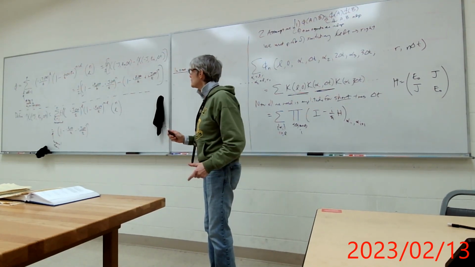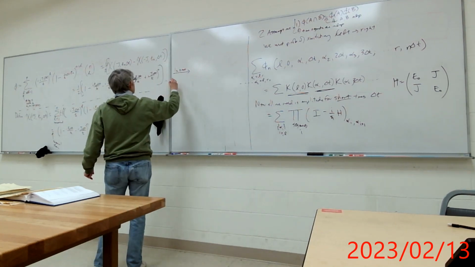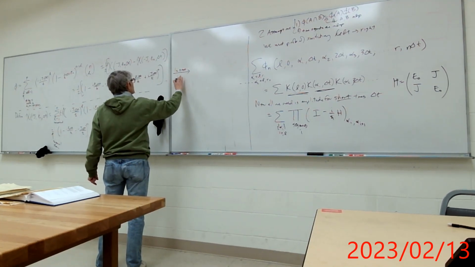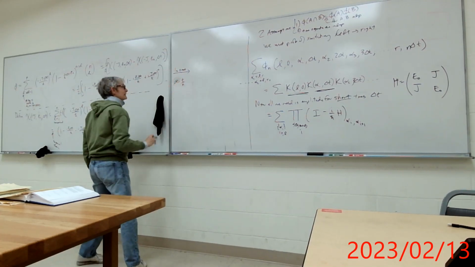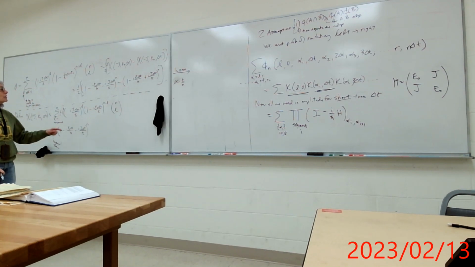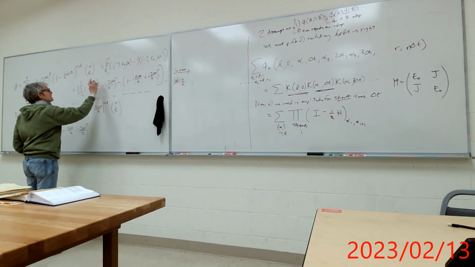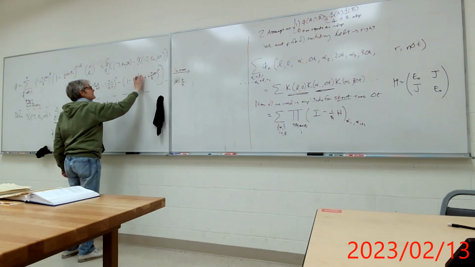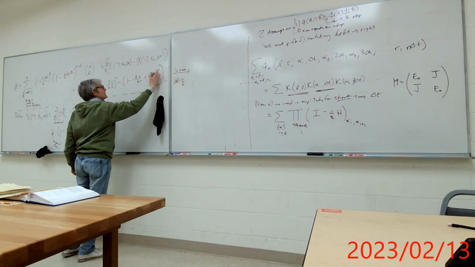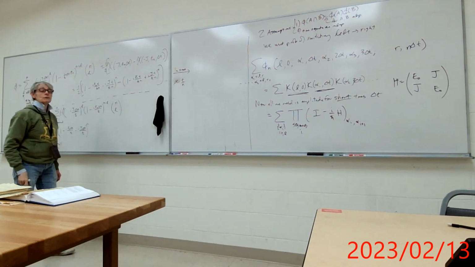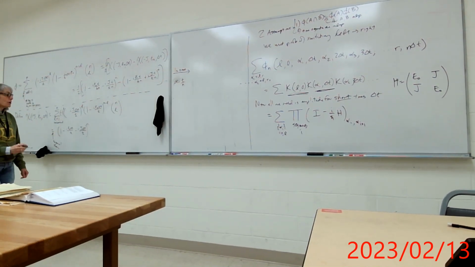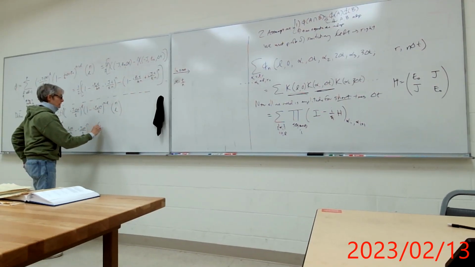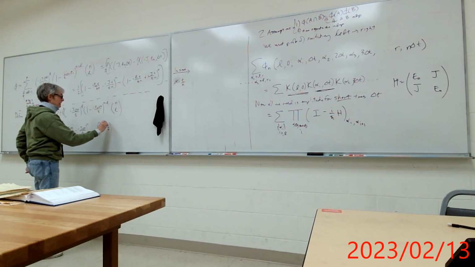Because as n goes to infinity, remember that delta t was my total time divided by n. So this is t over n, and this is t over n, and so is this. Now what does it remind you of? If you have 1 minus x over n raised to the nth power.